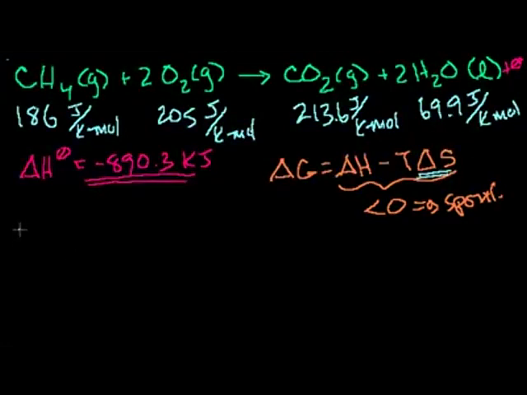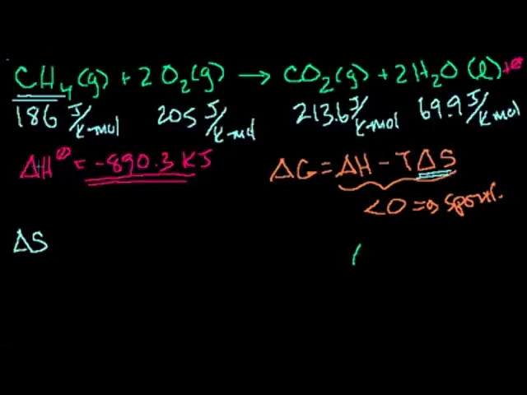And to help figure out the delta S, I, ahead of time, looked up the standard molar entropies for each of these molecules. So for example, the standard, and this is just a notation, the standard, no, there's no delta there.